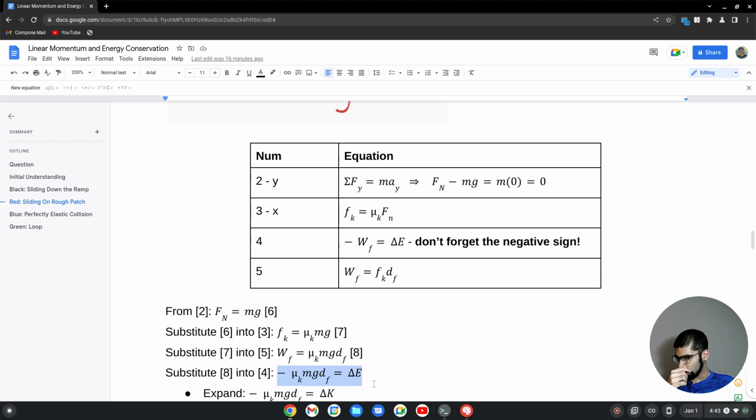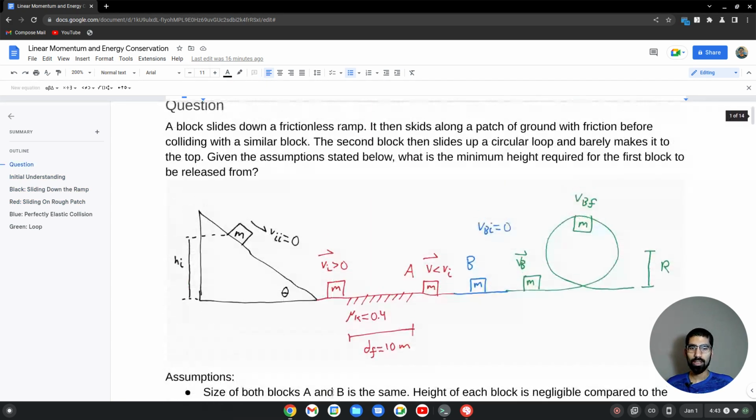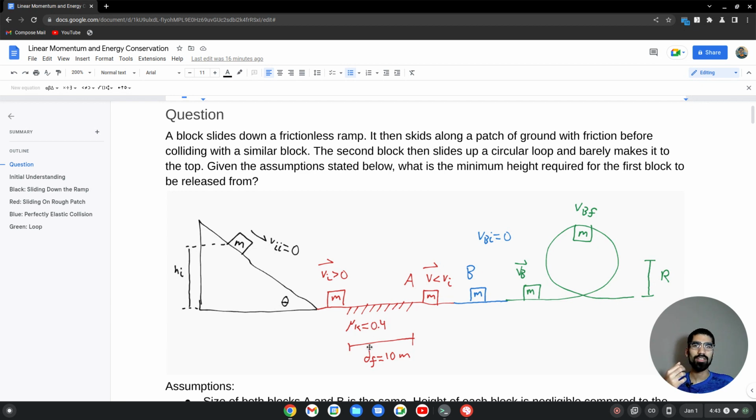Finally, I expanded the change in energy. In this case it refers to the change in kinetic energy because there's no change in gravitational potential energy. It's just sliding along a flat surface, so its height doesn't change.